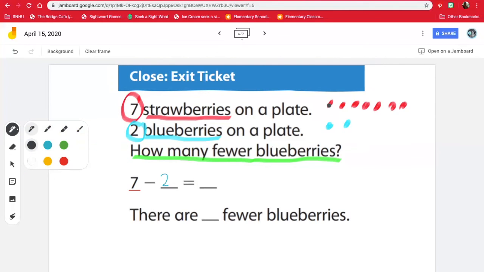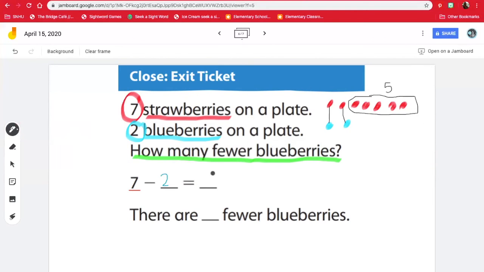Let's match up the strawberries to blueberries. Well, if we look, there's no more blueberries left. We have these strawberries left over, which will be our answer to put here. So we have 1, 2, 3, 4, 5 strawberries, 5 more strawberries.